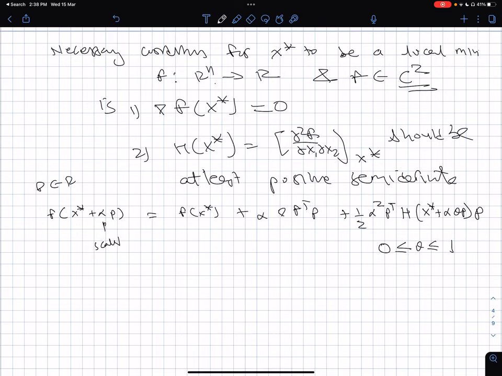So for this thing to be treated as an equality, not as an approximation, the Hessian has to be evaluated somewhere between x star and x star plus alpha p, alpha p being the step that we are taking.